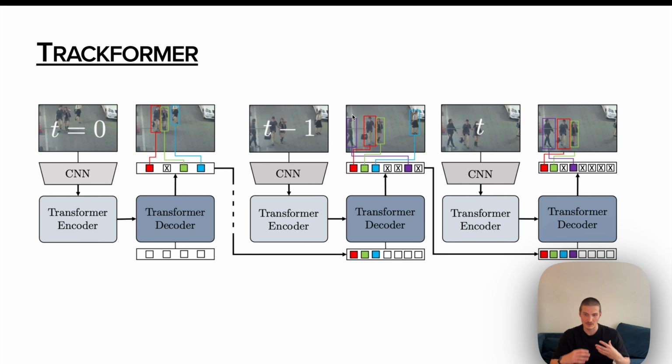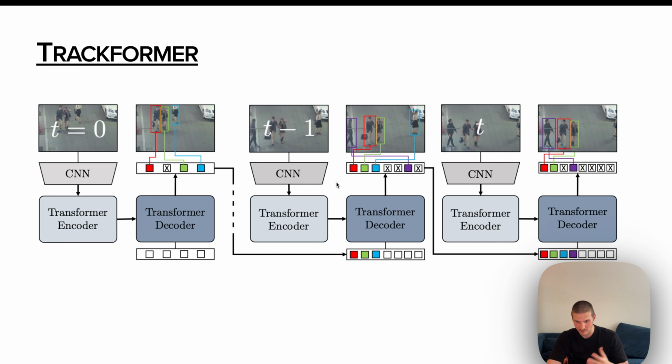The model is free to express itself however it wants with useful information in these embeddings that get carried from frame to frame, allowing it to detect the previous objects in the next frame.